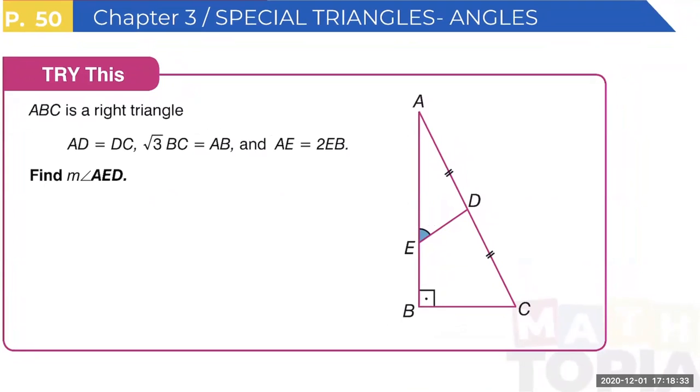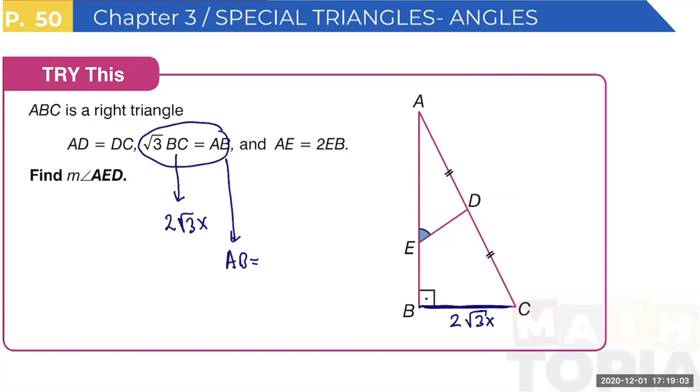I am going to start by focusing on this side, and I'm going to put this one as 2 root 3x. And then you will see why. What's the reason for doing that? If I say this is 2 root 3x, what's the value of AB?